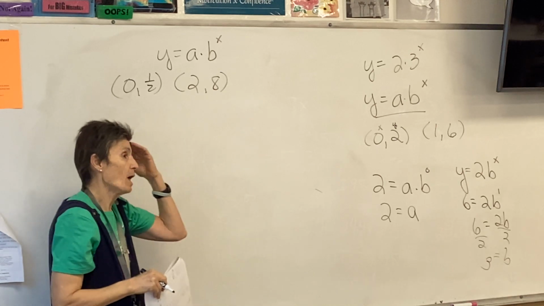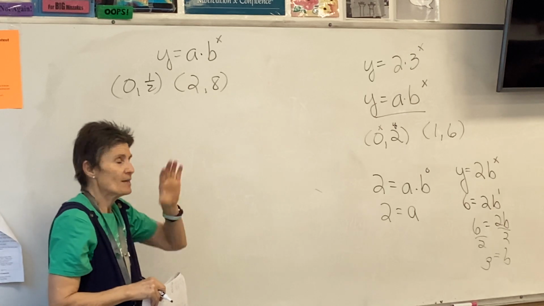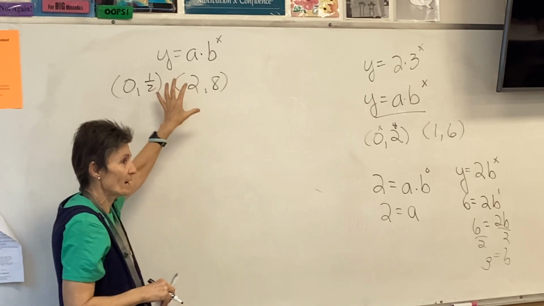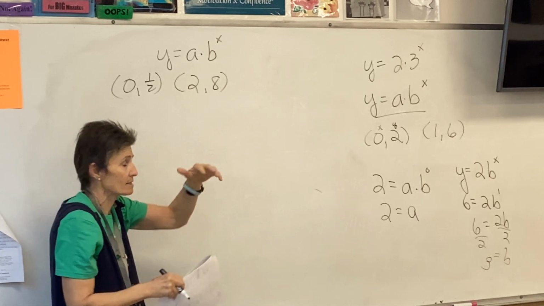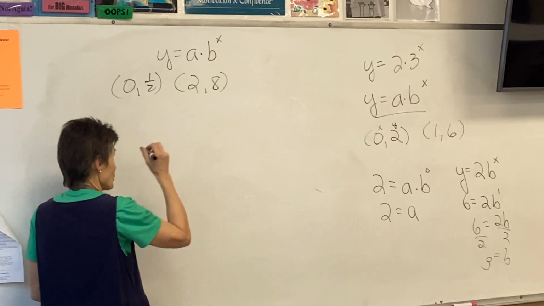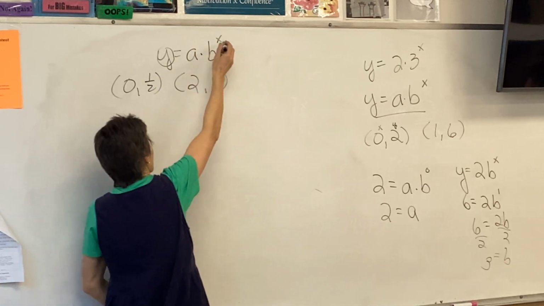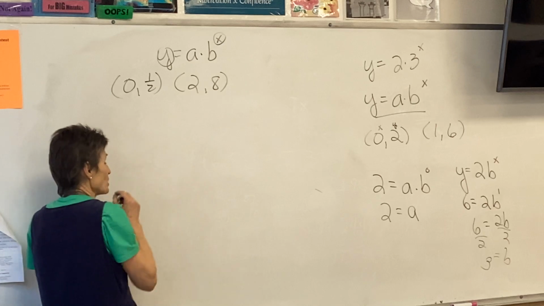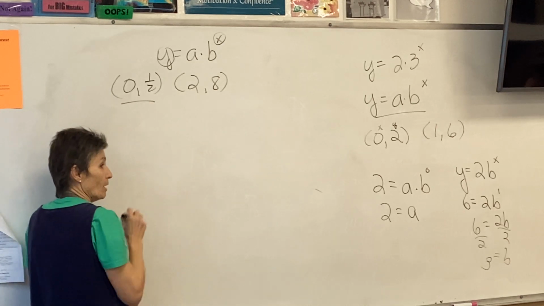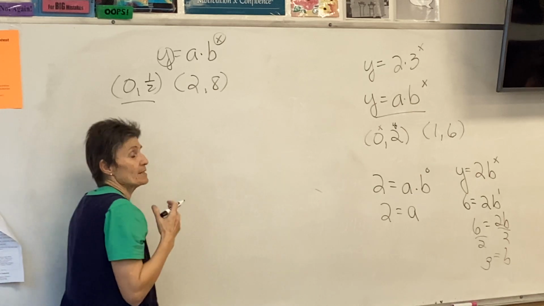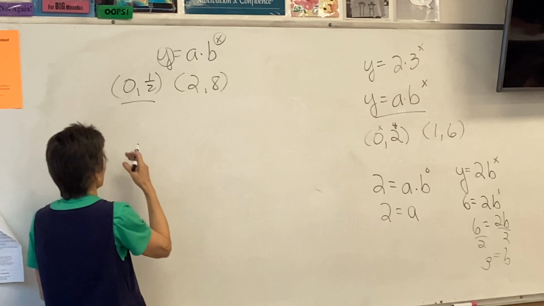You know how lines are y equals mx plus b? That's the same idea here. This is an exponential, and it's always going to be y equals a times b to the x. Now, we're going to start by plugging in a y and an x. And which y and x am I going to start with? The first one. It's doable the other way, but it just makes your life so much easier if you start with the point with a 0.